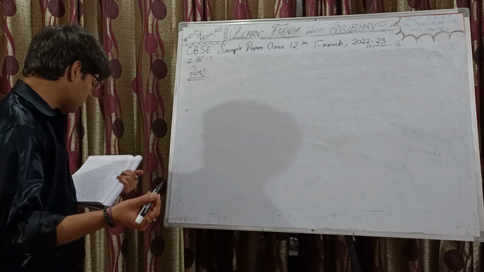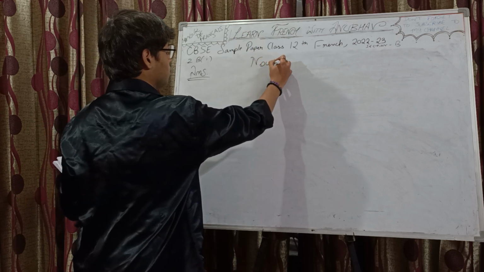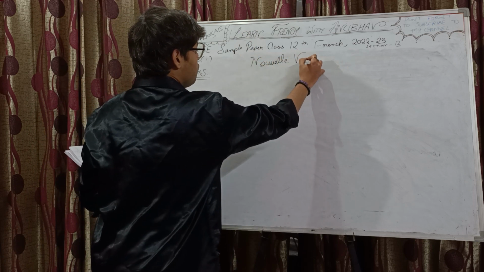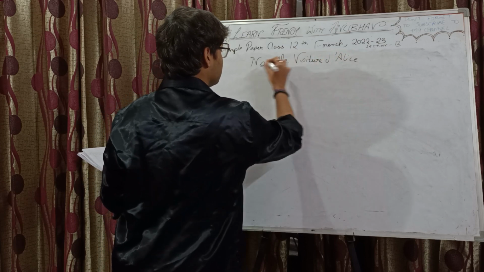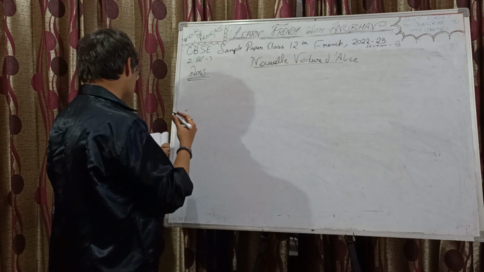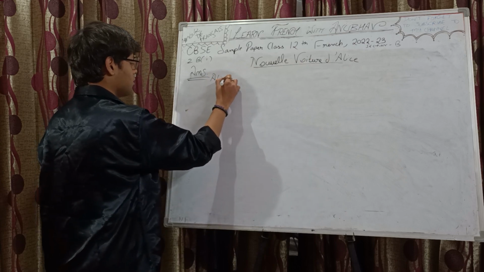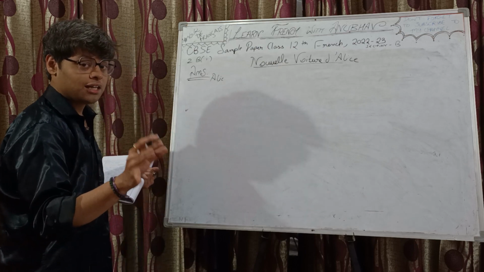So Alice est une fille. Okay, first let's give the heading. Nouvelle voiture d'Alice. New car of Alice. You may leave a line and then proceed with writing. You need to write for 120 words, right?